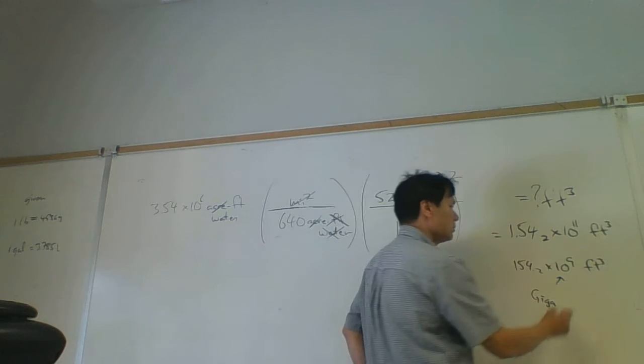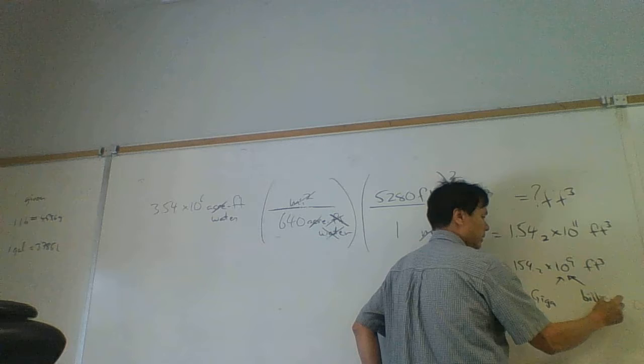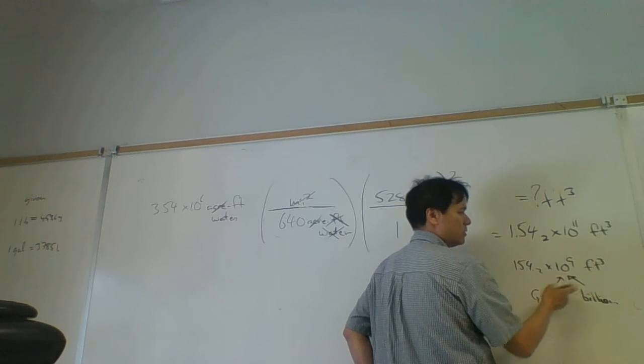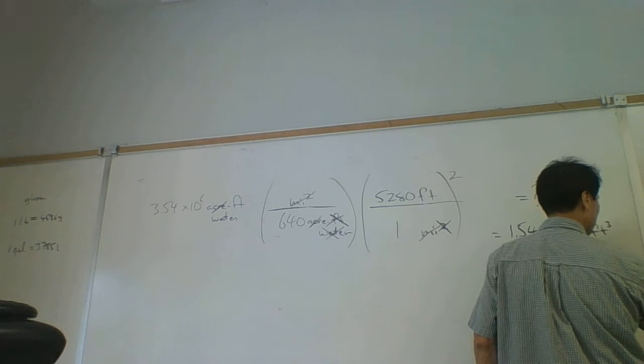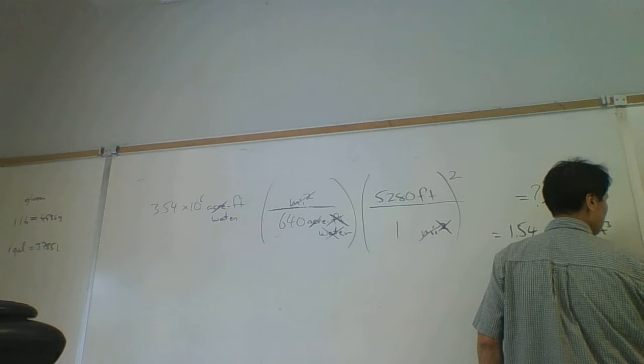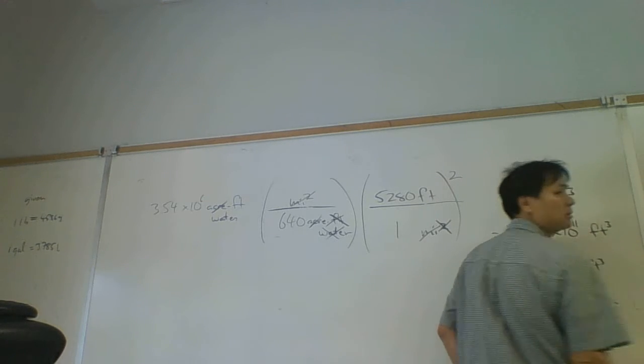Or there's another name for 10 to the 9. What is it? Not nano. Billion. And so giga is not used often for everyday numbers, so we'll call it 154.2 billion cubic feet.